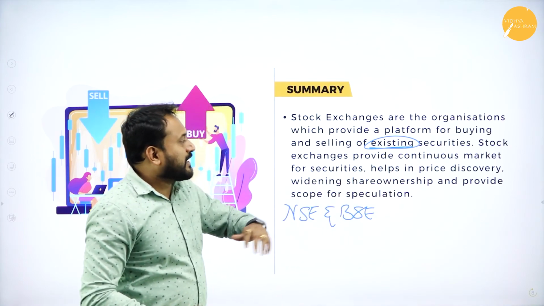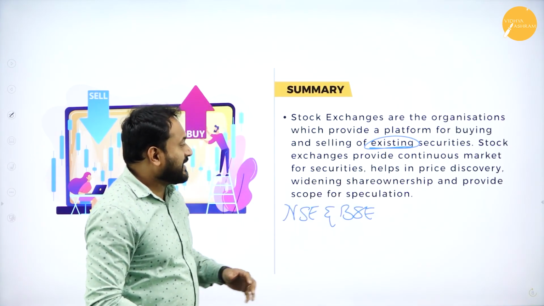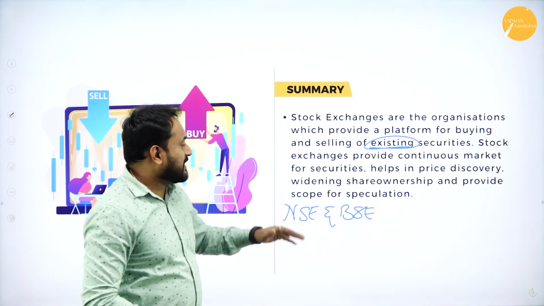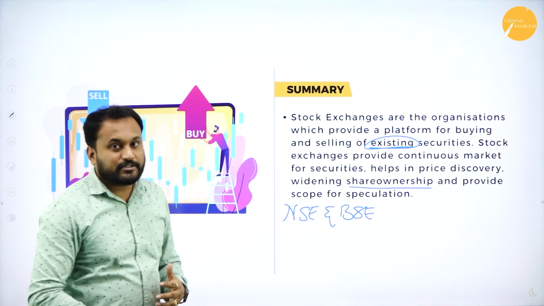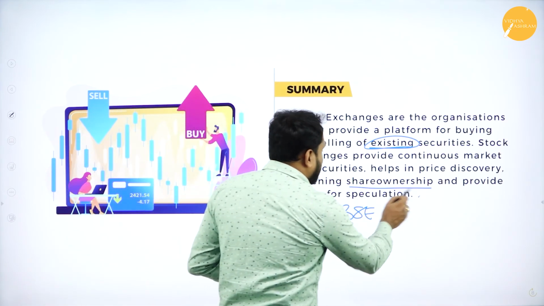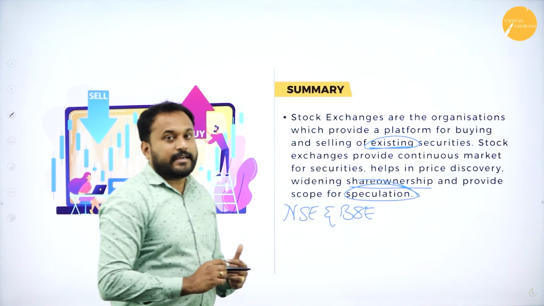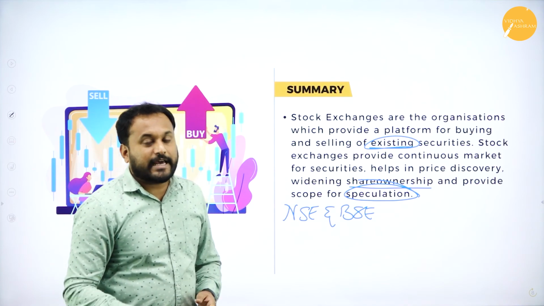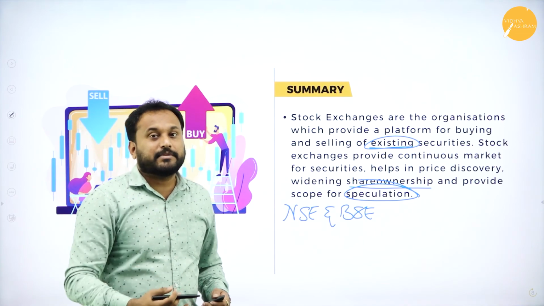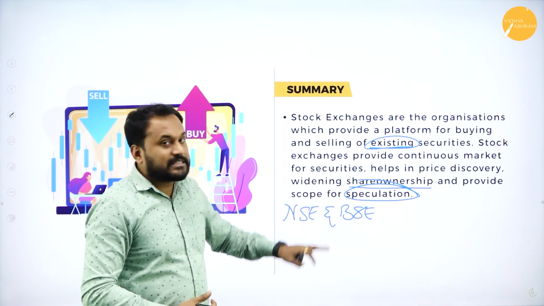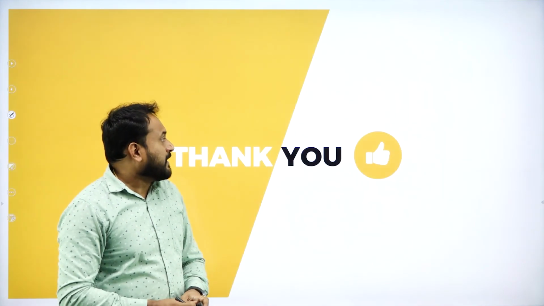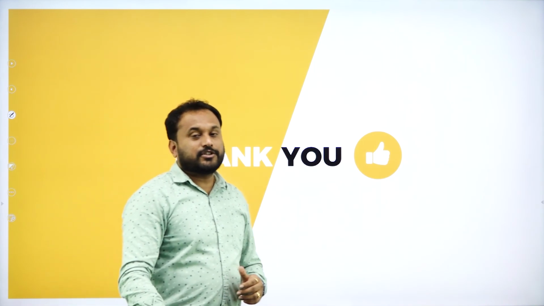Stock exchange provides a continuous market for securities, helps in price discovery, widens share ownership, and provides scope for speculation. See, healthy speculation is actually very good, and competitiveness and professionalism will also be involved in these kinds of things. So these are the things which you people should know, students.